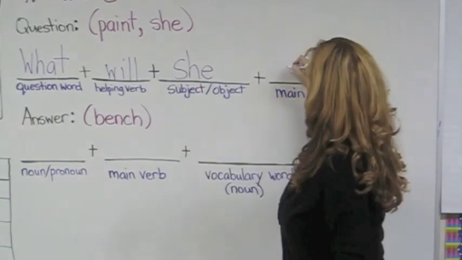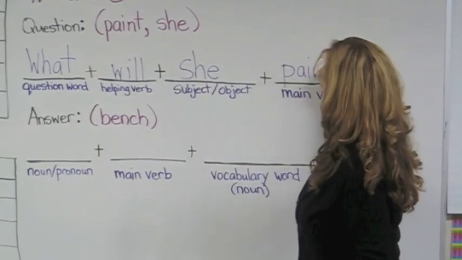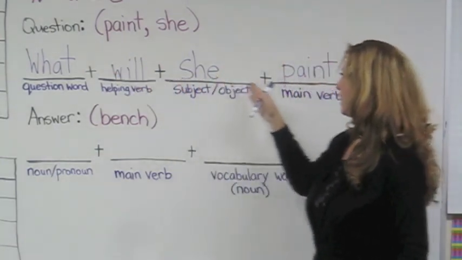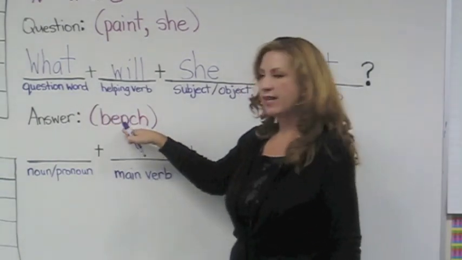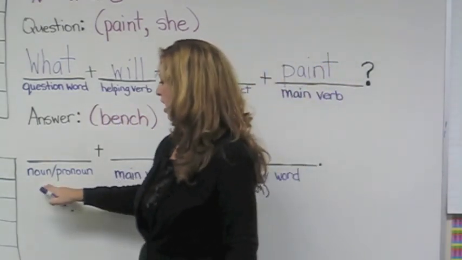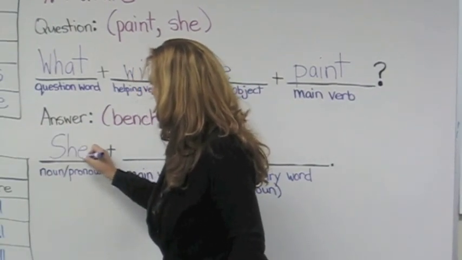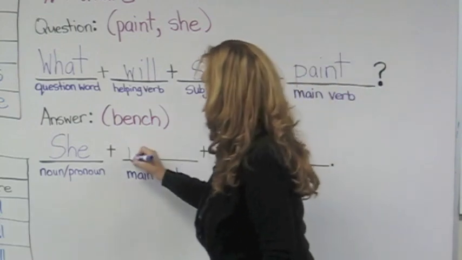What will she, and our main verb is to paint. Now notice that the question is in future tense, but our verb stays in the present. What will she paint? And the answer is bench. That is our vocabulary word. So let's begin with our pronoun she. Our main verb is will paint.